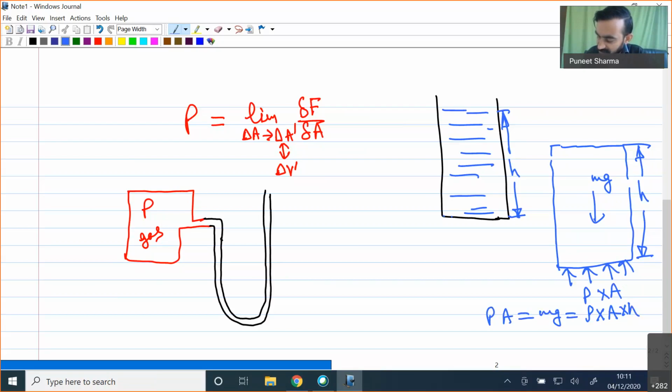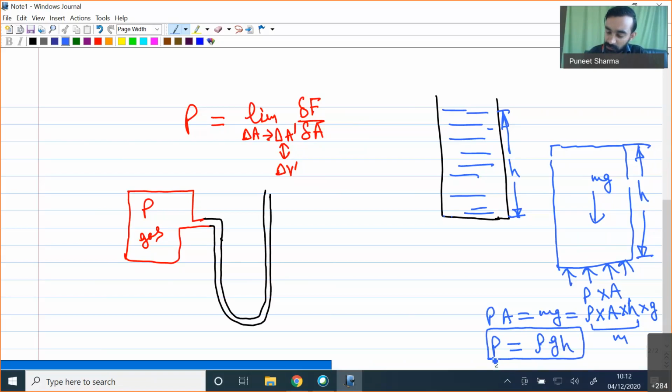So this is now my entire replacement for mass times G. The area cancels out, and finally I find that pressure is equal to rho into G into H, particularly in the direction of gravitational acceleration.